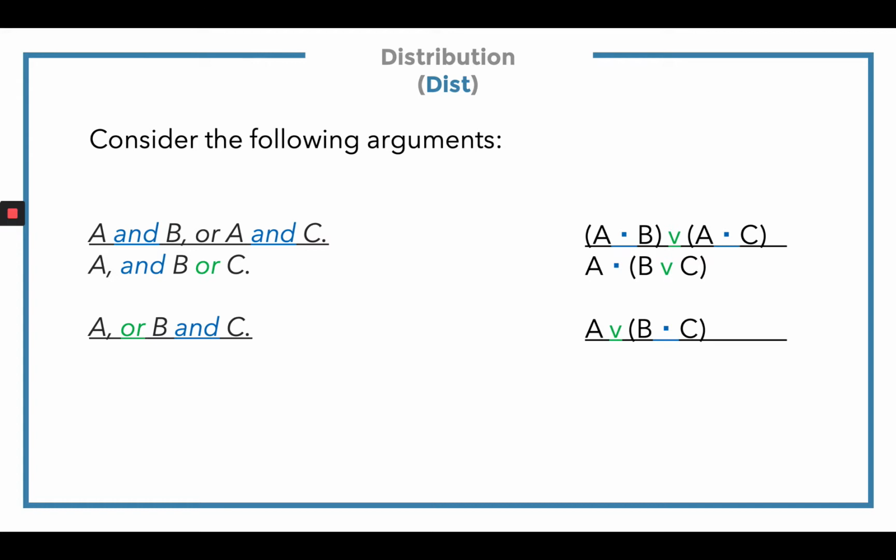So if I know Ada is in Ohio, or Boston is in Ohio and Cleveland's in Ohio, I know that one of these sides is true. A is true, or B and C is true. If I know that, I know Ada or Boston and Ada or Cleveland. So let me think through that again.